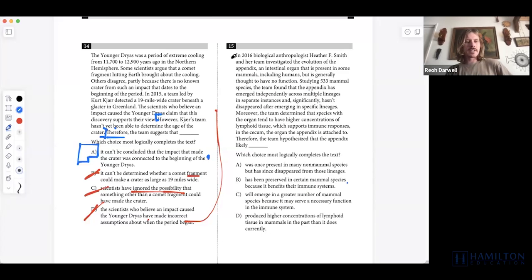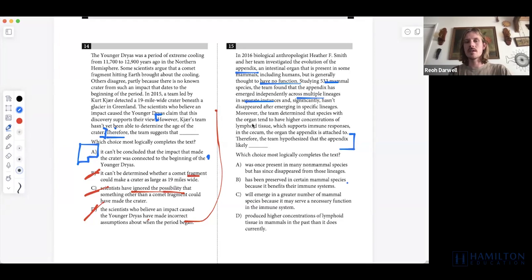Question 15 is a really good example of a passage that is very, very easy to make a baggage distractor on. All right, so the appendix is a thing that many people think has no function, right? It's a useless thing. But this passage, if we follow the logic of this passage, we should be led to believe that, in fact, there is a benefit to the appendix. What is that? Well, they emerge across multiple lineages of mammals and not just specific ones.